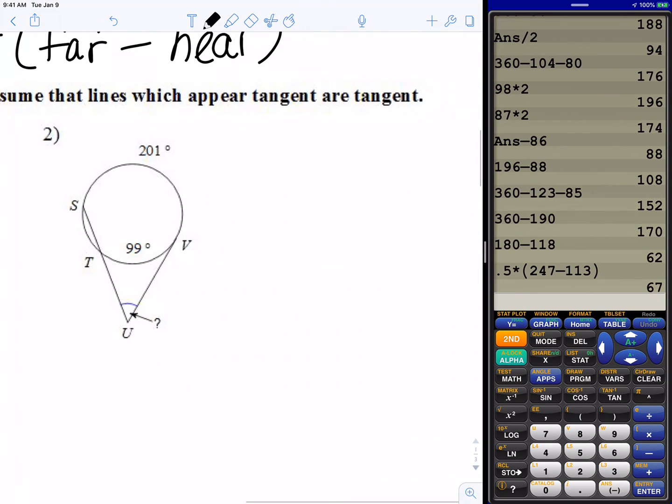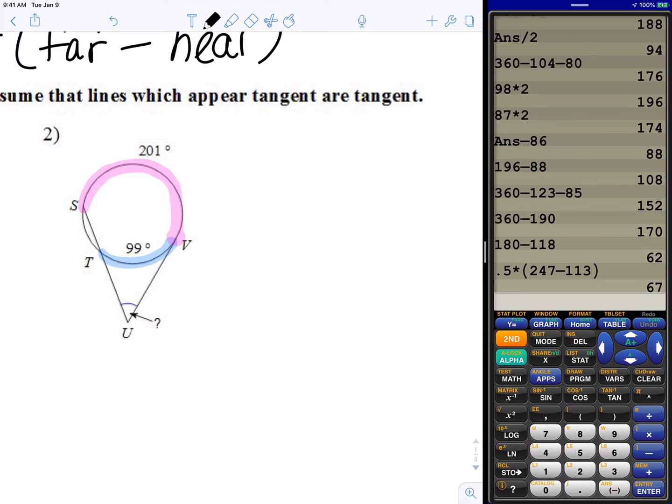Let's try another one. All right, this time I have a secant and a tangent. So there are two intercepted arcs. One is nearby, and there's another one that starts at S and goes to V that is far away.